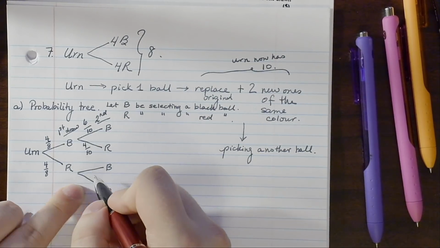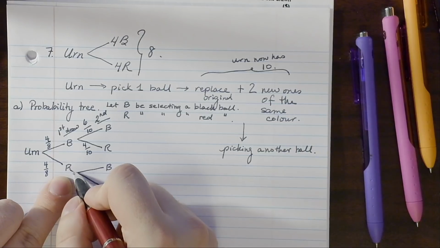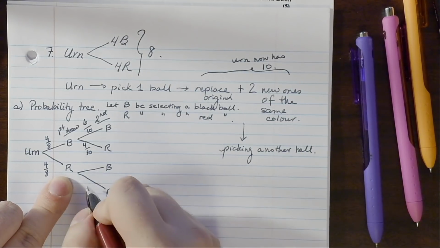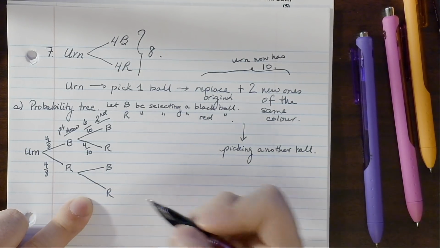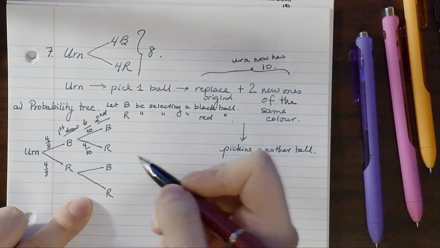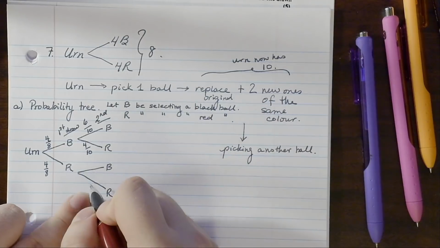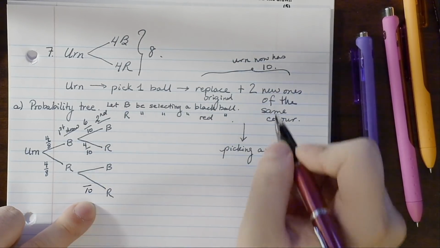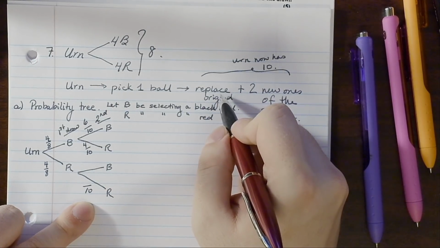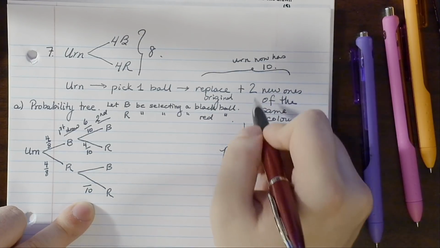The other thing that I have is the other case where I have red. I pick a red ball, and what I'm going to do is replace that red ball back into the urn, and that means that I'm going to have 10 balls because I'm going to replace the original red ball back in, and then I'm going to add 2 more reds.